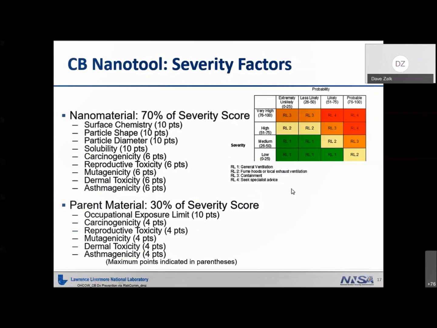Well, we dove into all the research available, and we looked at everything related to nanomaterials themselves, from particle shape, surface chemistry, and then the more traditional carcinogenicity, mutagenicity, all of that stuff. We decided to put those down as a score for that. And then the parent material, which has a lot more information available in research, we also did the comparable. If there's an occupational exposure limit, we can put those points in. But the bottom line is we determined that 70% of the severity is tied to the nanomaterial itself and 30% to the parent material.